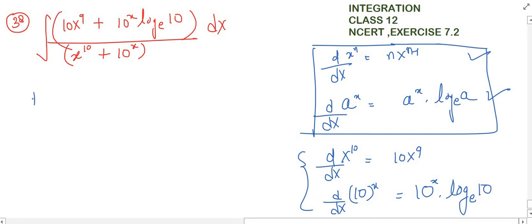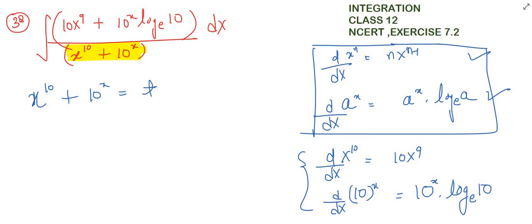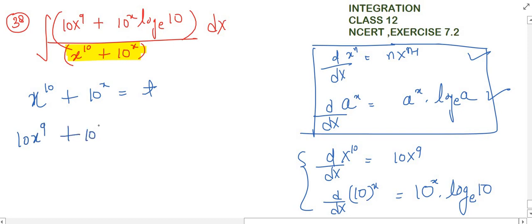If I assume this entire thing as t, देखिए, this entire thing as t, I am getting exactly the numerator. See here, derivative of this is this plus log of e base 10 dx is dt, isn't it?